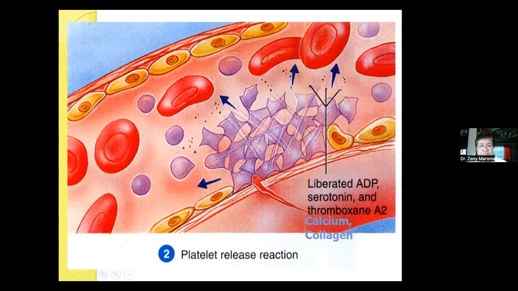Then there is the platelet release reaction. There's release of ADP, serotonin, thromboxane, calcium. The platelets stick to one another, and there's release of serotonin, thromboxane, calcium. That is called platelet release reaction.